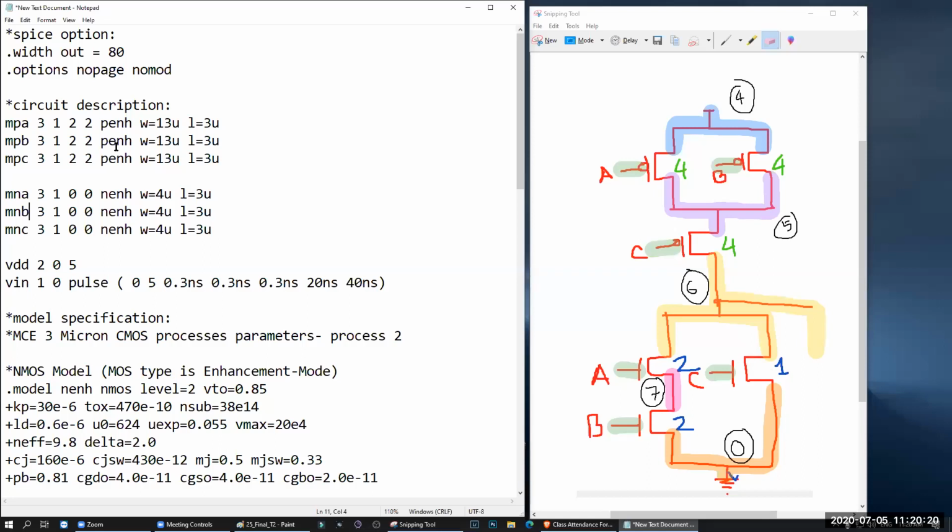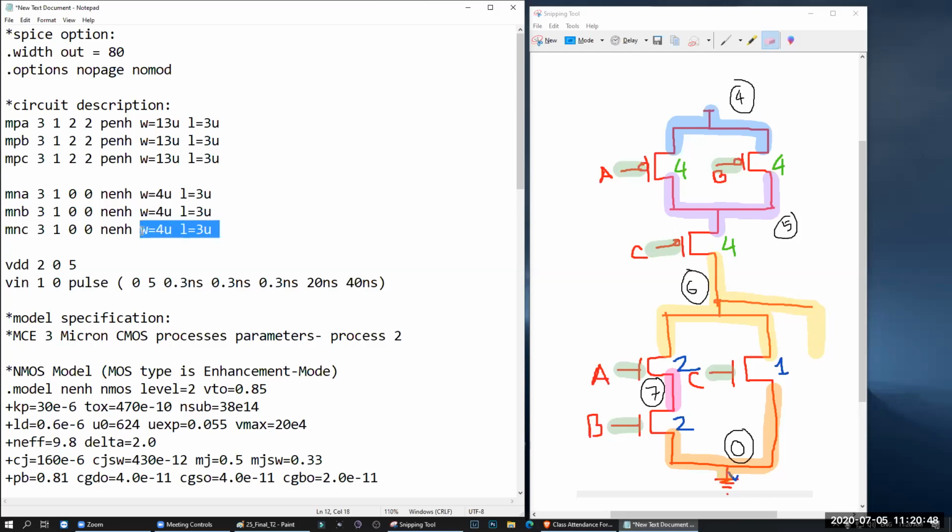Understand? Now, let's do the sizing. Let's do the sizing first, then do the noding. What is that? 4, 4, 2, 2, 1. Always start with 1. Which one is 1? MNC, right? MNC is 4 micro. That is our standard.